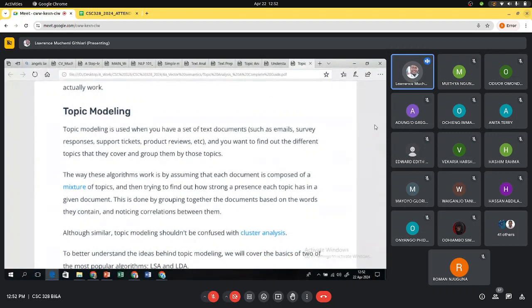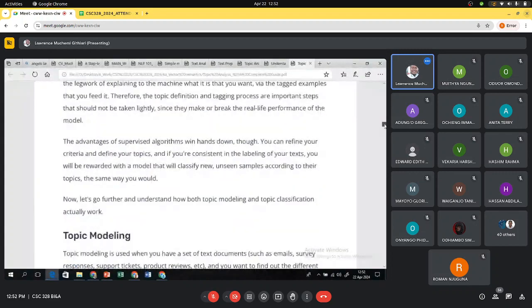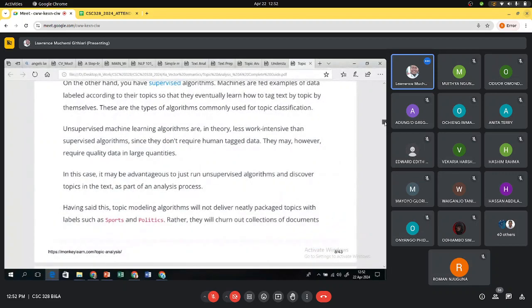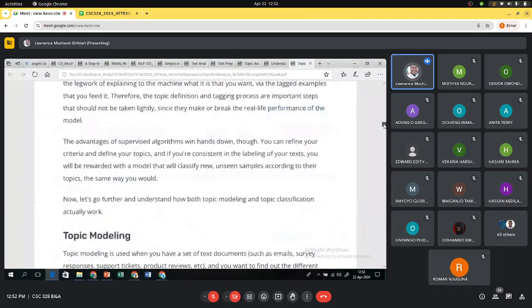Of course, you have said that you need this text from emails and so on, and then you apply the algorithms. The way these algorithms work is by assuming that each document is composed of a mixture of topics, and then trying to find out how strong the presence of each topic is. So I think I've skipped something here. They're just explaining anyway.